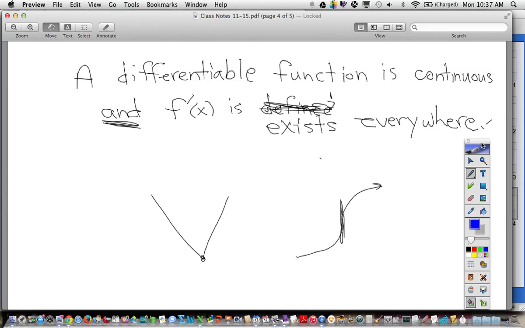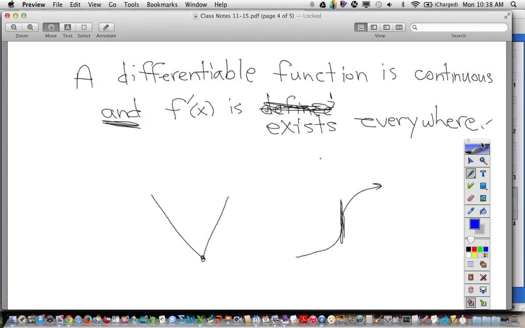So if I told you you had a square, you would know you also had a rectangle. Same thing here. If you have a differentiable function, you know it's continuous. You know not only is the derivative existing everywhere, you know there are no breaks or holes or anything. But if you have a continuous function, it might not be differentiable. If you have a rectangle, it might not be a square. But if you have a square, you know it's a rectangle.